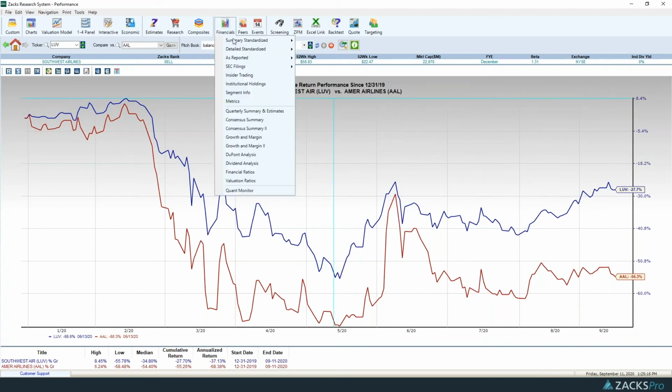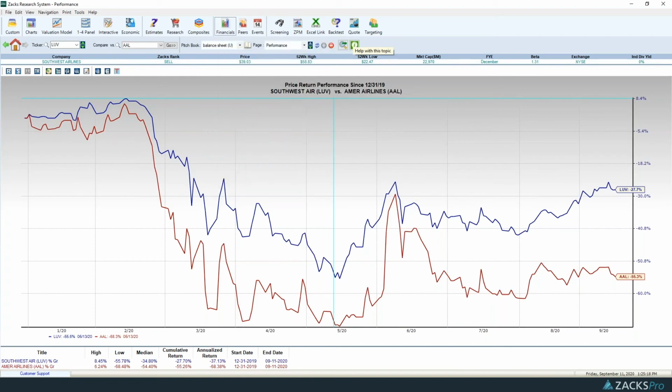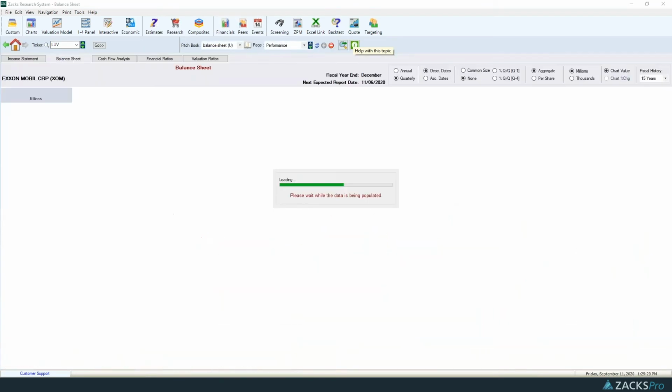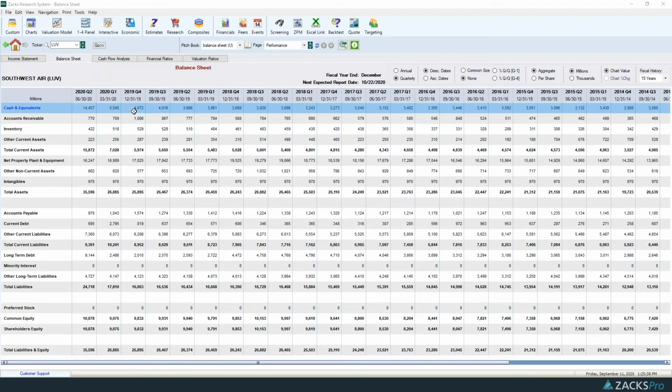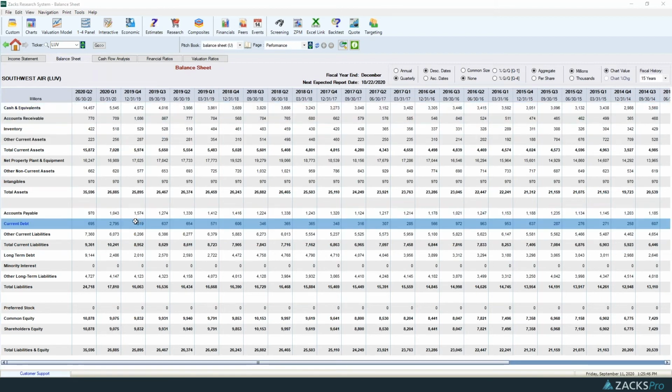We can see that here again, if I were to go back to the balance sheet and look at Southwest and see exactly how that looked just before COVID hit from a cash and short-term debt standpoint. And you will be able to see that there as well, that Southwest was in a much better financial picture.